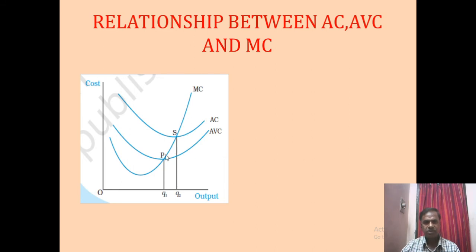And MC cuts AVC and the AC at its minimum point. MC cuts from below at its minimum point of AVC as well as AC.